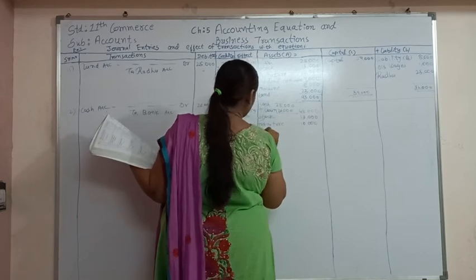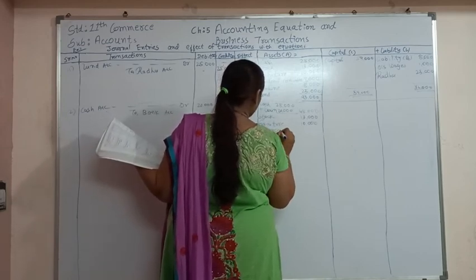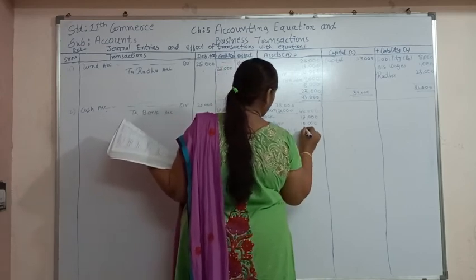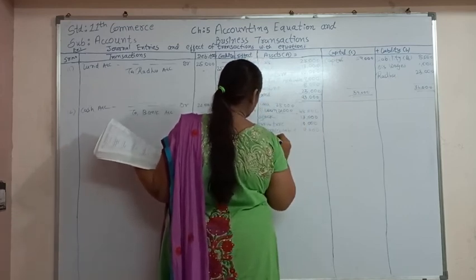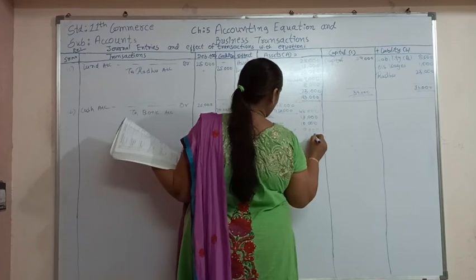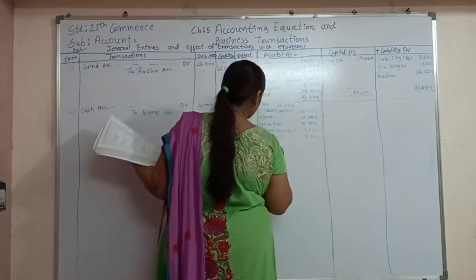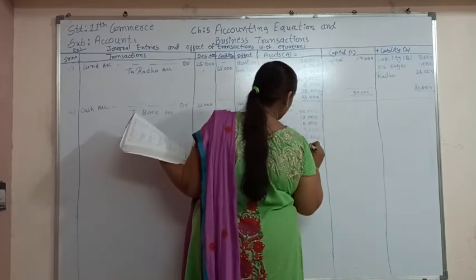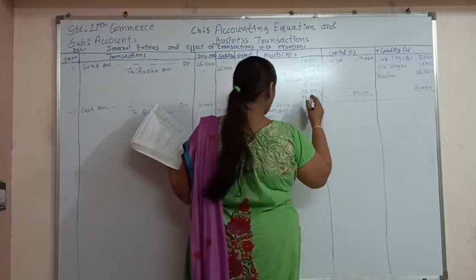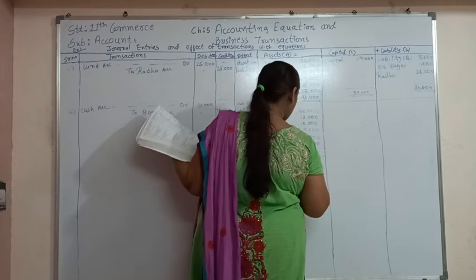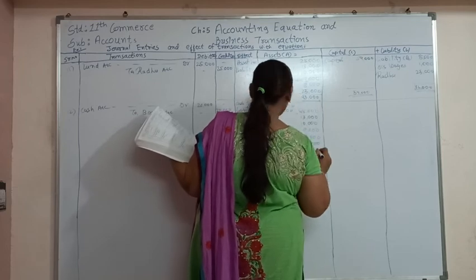Then dividend receivable of rupees 9,000. Then machine of rupees 8,000 and land of rupees 25,000. So here we can see that the total of this will be 1,13,000.